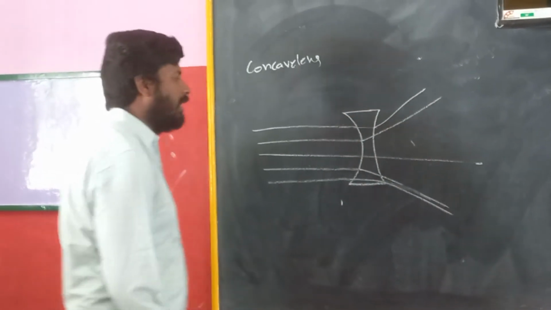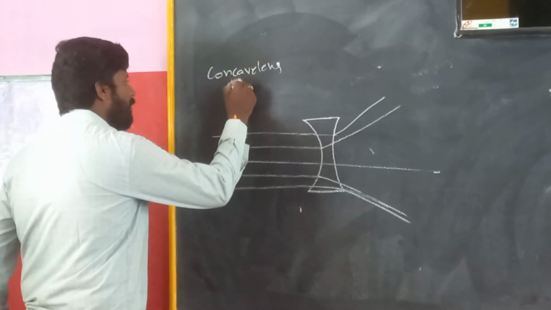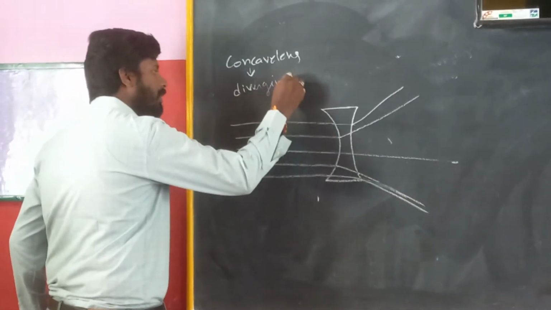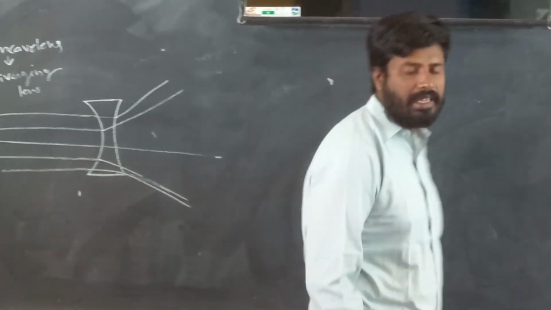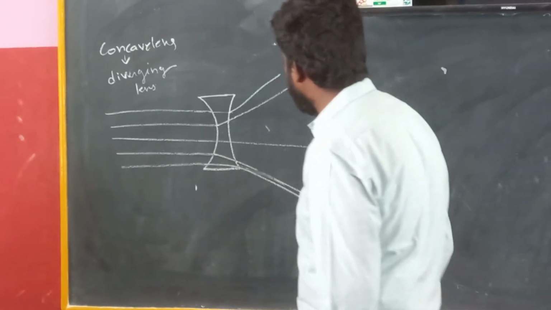Hence, it is very clear that concave lenses are called diverging lenses.